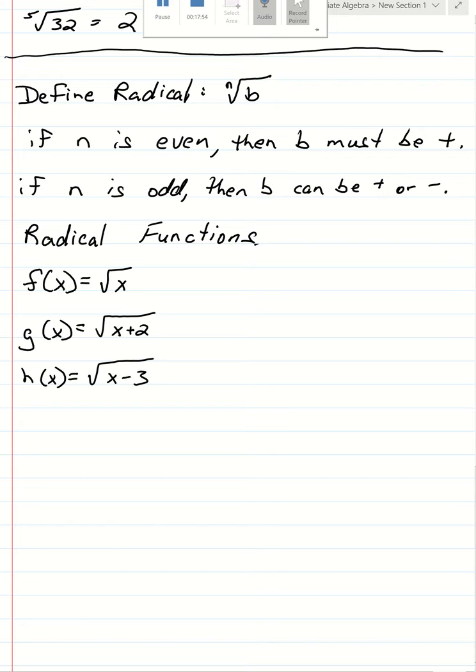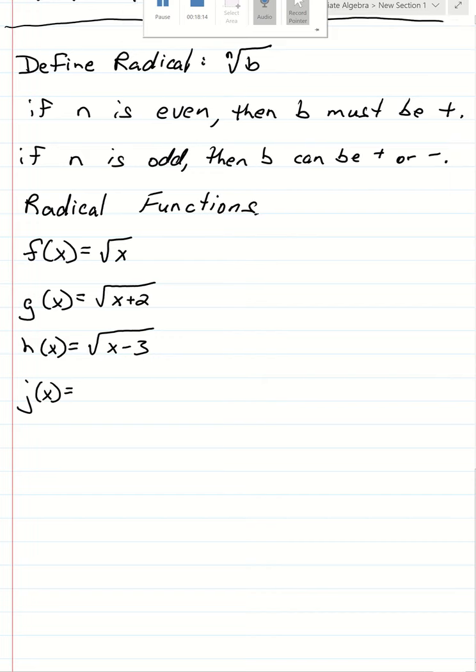Here we have 3 different radical functions. They all happen to be square root functions. How do I know that? Once again, because I don't see a root index, we are assuming the root index to be 2. If I did, let's say, j of x equals maybe the cube root of x plus 3, here we have a cube root function.